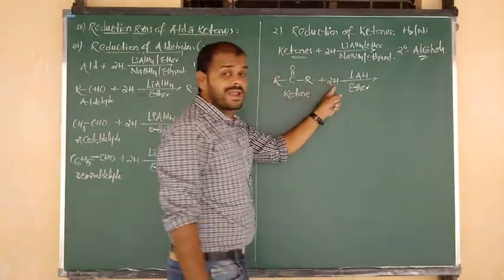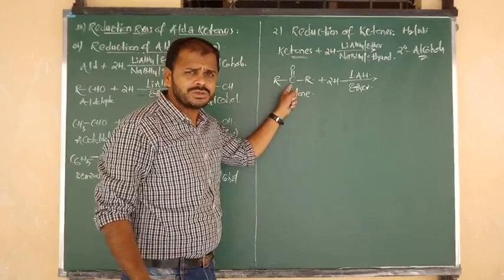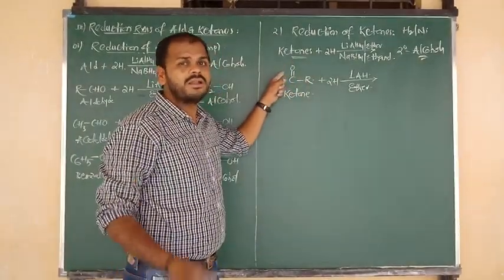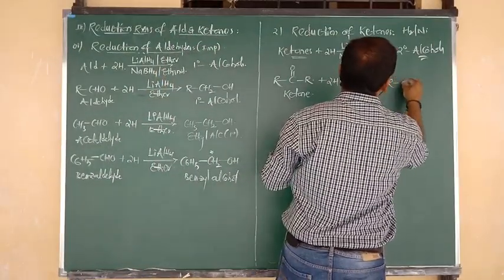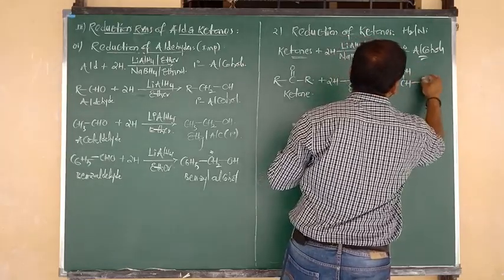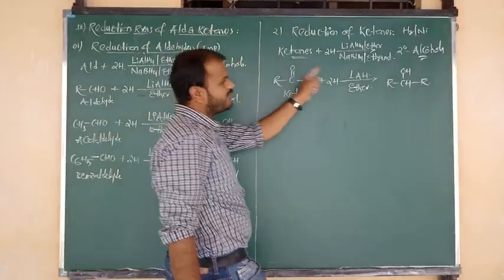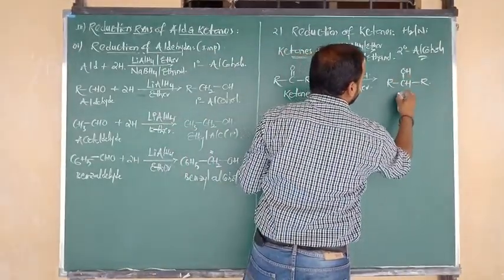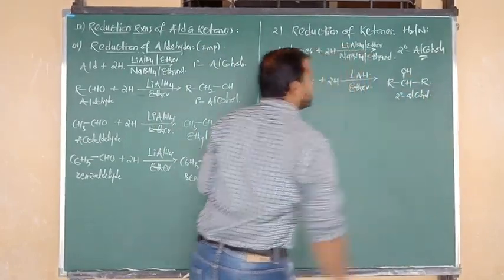So 2 hydrogens we are adding. 1 hydrogen is given to C, it becomes CH. 1 more hydrogen is given to O, becomes OH, and the double bond becomes a single bond. So the product is R bonded to CH, with OH above the plane, again bonded to R. OH is given to carbon, and the carbon is connected to 2 surrounding alkyl groups. So it is an example of secondary alcohol.